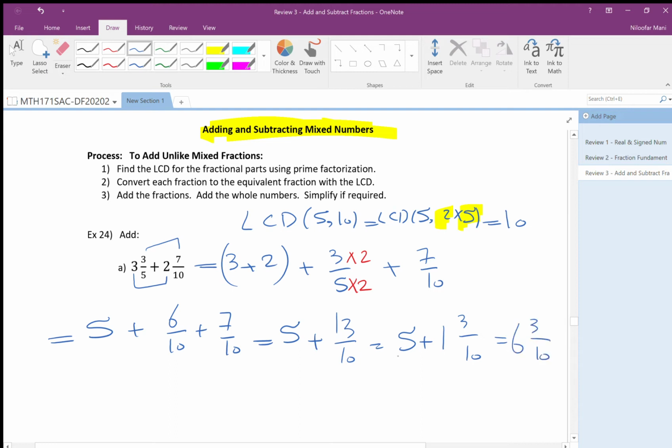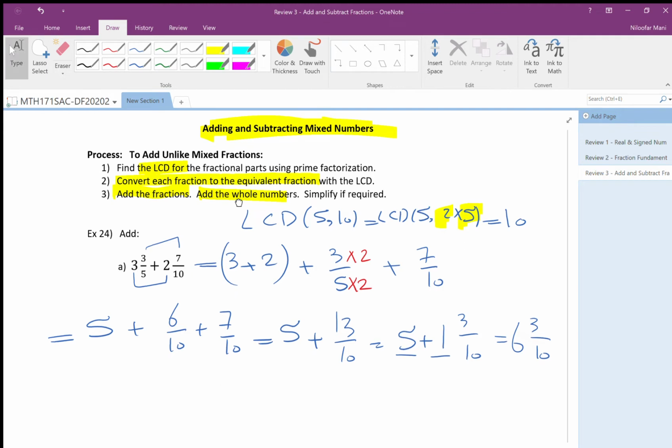These two whole numbers I can add. So when you have mixed fractions and you have addition, it doesn't matter. You can find the least common denominator, convert each fraction to equivalent fractions, add fractions, add whole numbers separately, and then simplify. This is what I did.